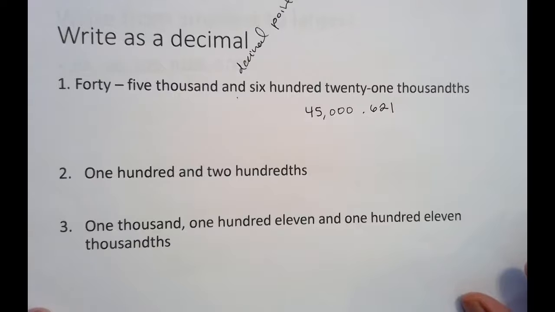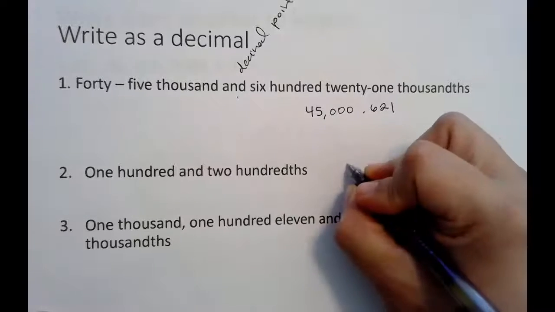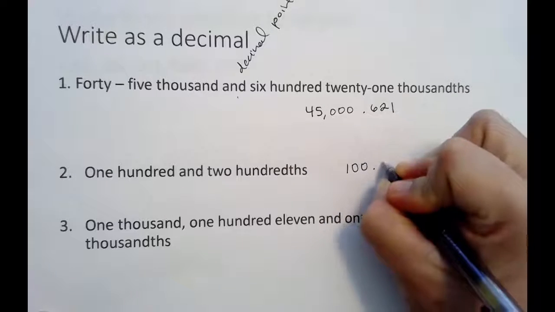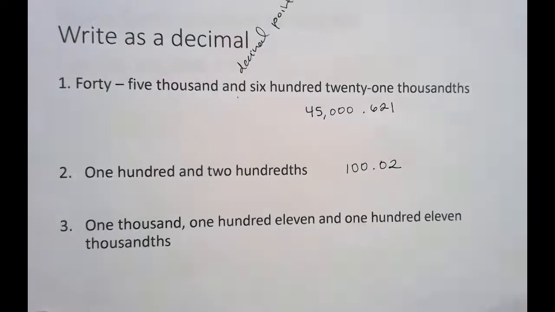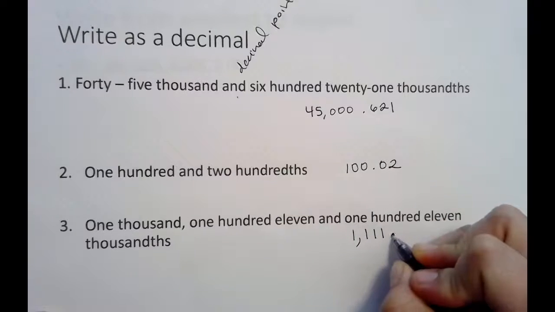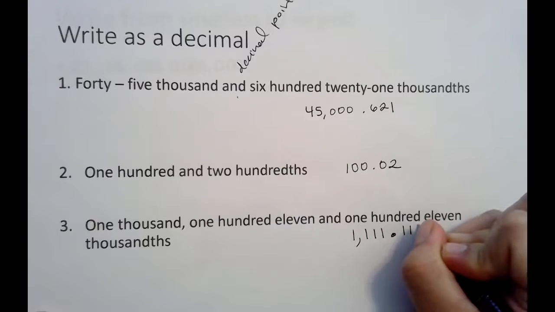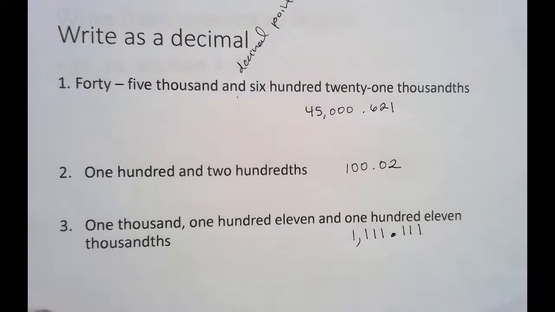So then this one is 100 and 2 hundredths. And then this one is 1,111 and 111 thousandths. So tens, hundreds, thousands. Okay? It's a bunch of ones.